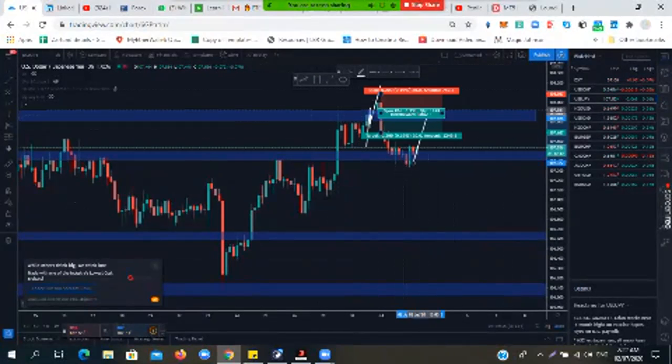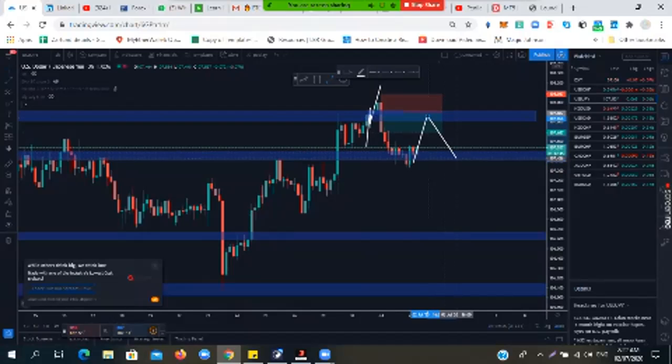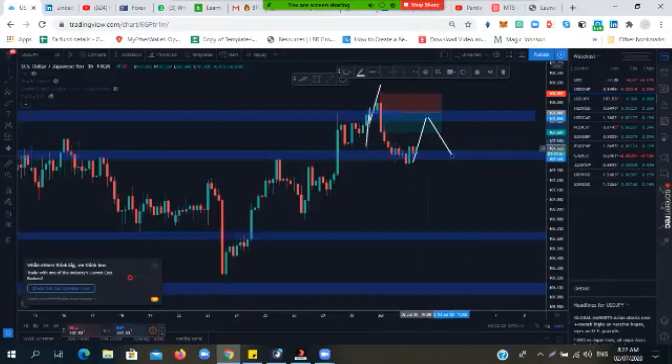But it all depends on what the unemployment numbers are out of the US. And I can see some sort of a buy pattern here. Probably this trade is going to buy all the way to this zone before selling off here. But the numbers from the non-farm payroll today out of the US are going to affect a lot of these pairs. It's going to affect all the USD pairs basically. USD pairs are going to be really affected by it.